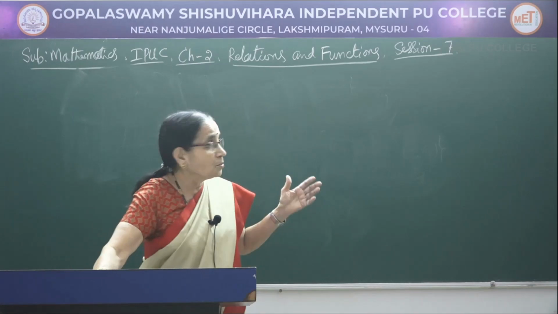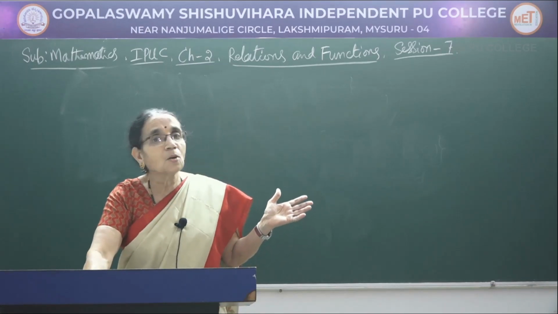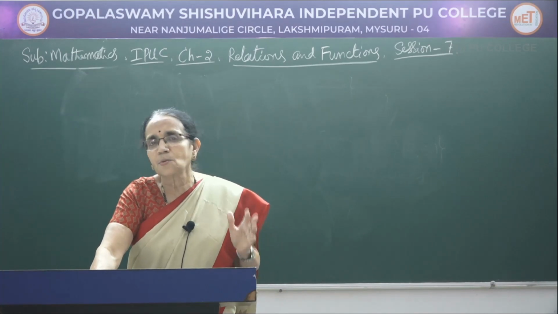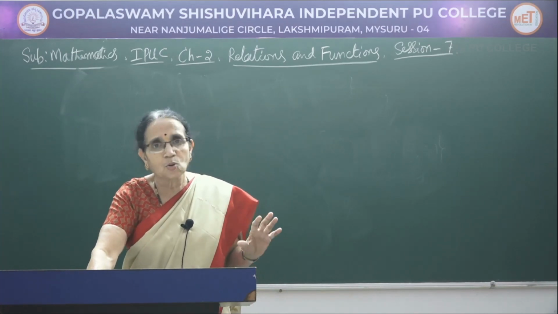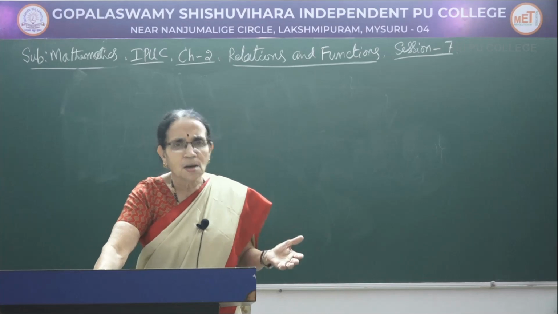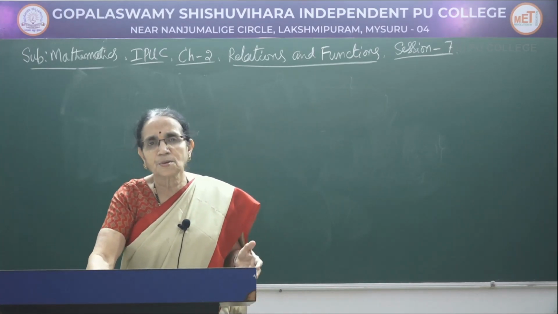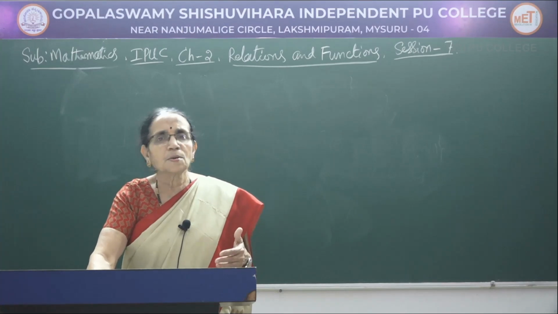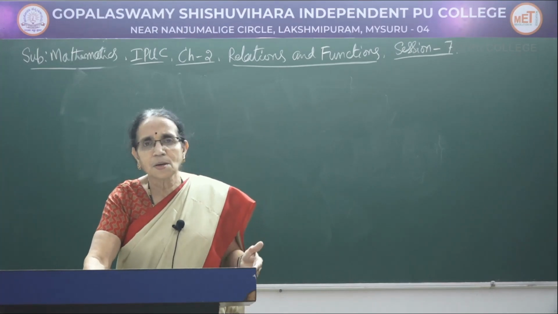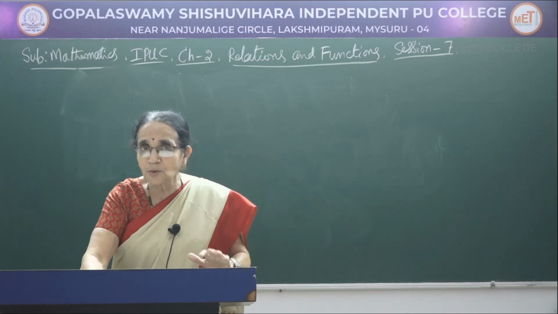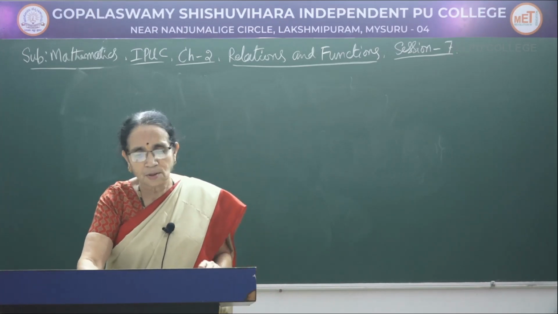In the first set, all the elements may not be associated under a particular relation. Only those elements which have been associated have to be taken into consideration. I had considered one example in the previous one where one number of the first set was not associated with any element of the second set. That number will not come into the picture at all.